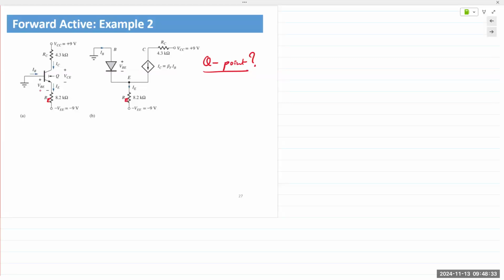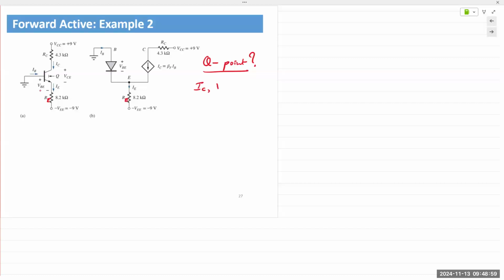What does it mean when the question says find the Q point for this BJT? For a diode, it simply means diode voltage and the diode current. What does it mean for the transistor? Any guesses? Turns on. But what quantities do we need to find?